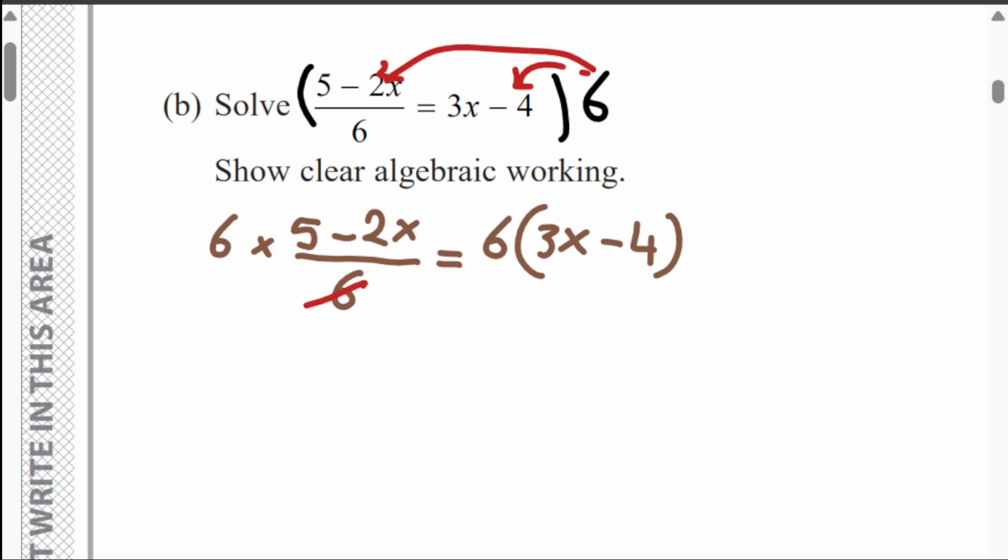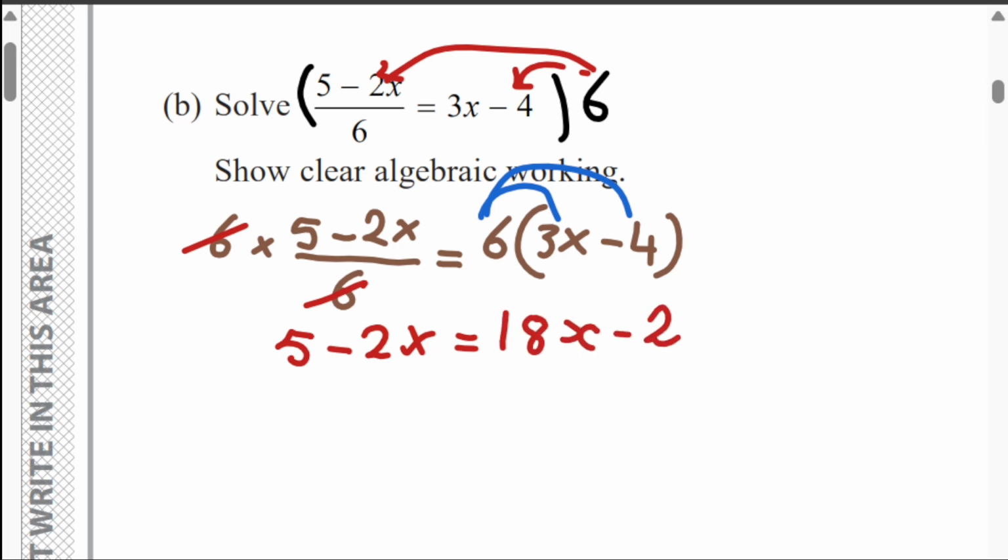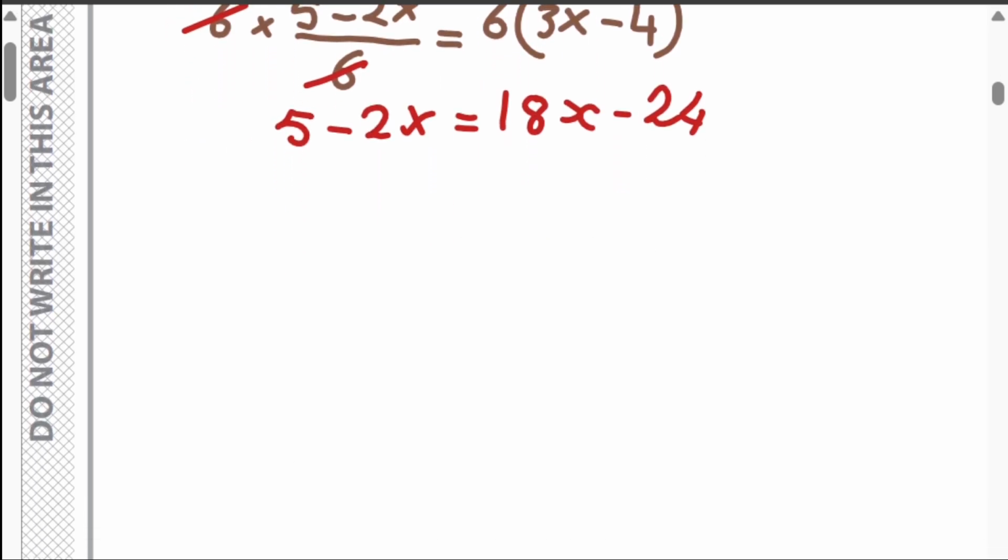Now this 6 will cancel that, which is very good. You will have 5 minus 2x left on the left side equals, now let's multiply the 6 inside here and there. 6 times 3x is 18x. 6 times 4 is 24. That's amazing. That's a lot of work.